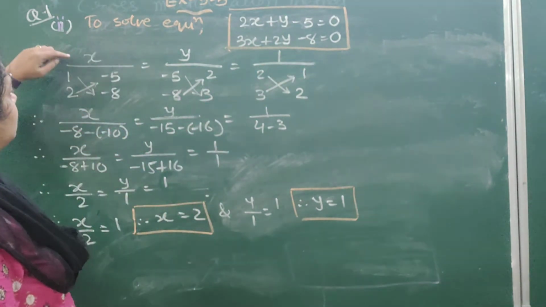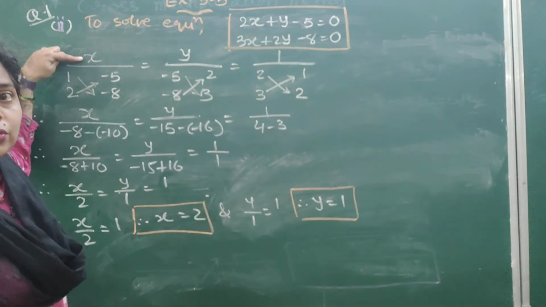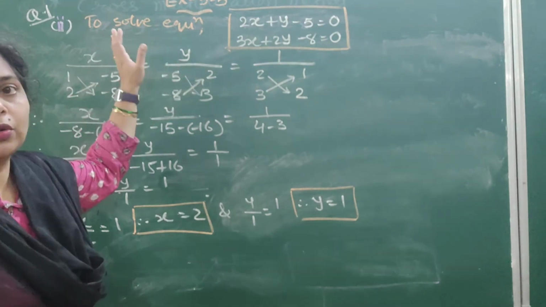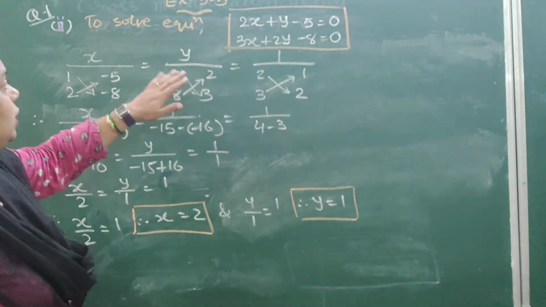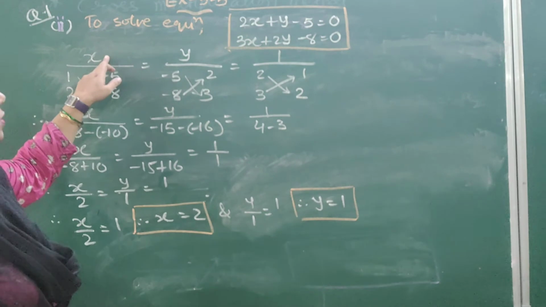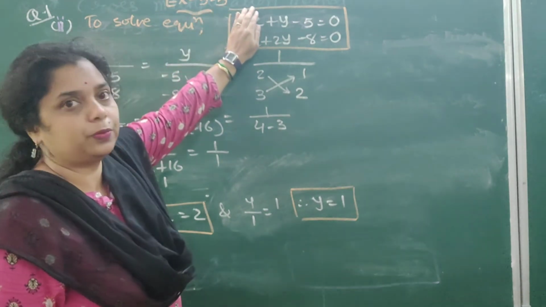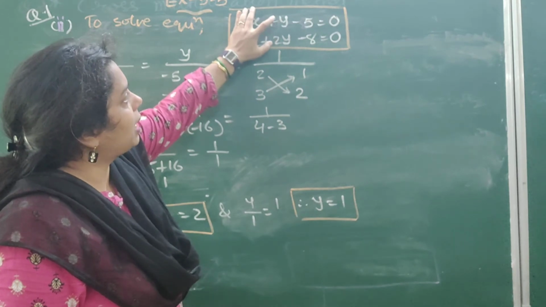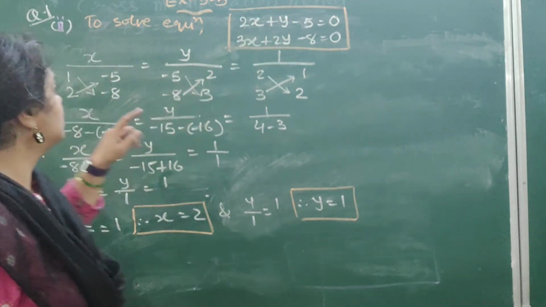And as I already taught you how to write the coefficients and constants below x, y and 1, here to write the coefficient of y and the constant below x, what we have to do? Hide the portion of x, both. So here 1, minus 2, minus 5, minus 8.